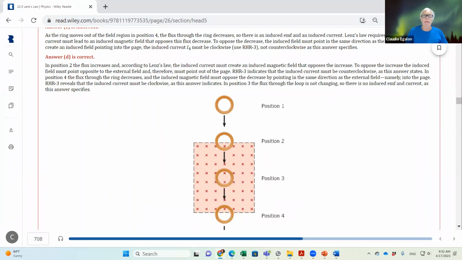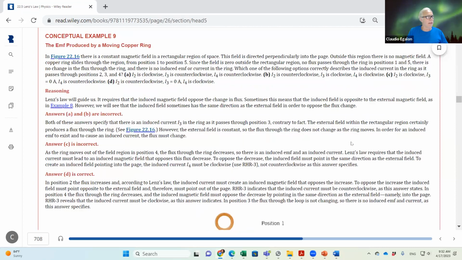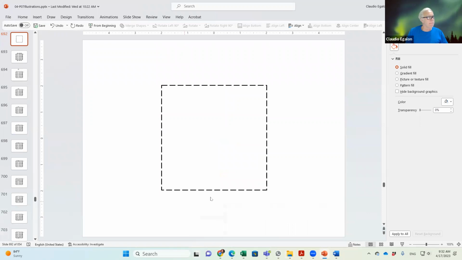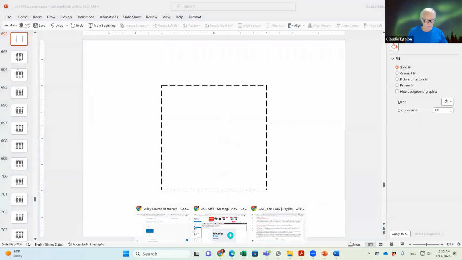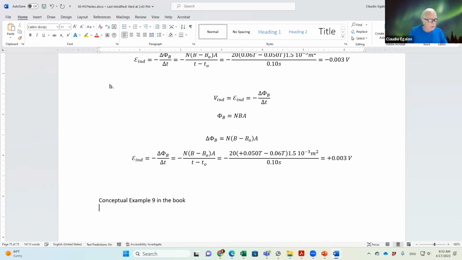That's going to be conceptual example 9, right? Description of what happens. 9:30. Conceptual example 9, the book.